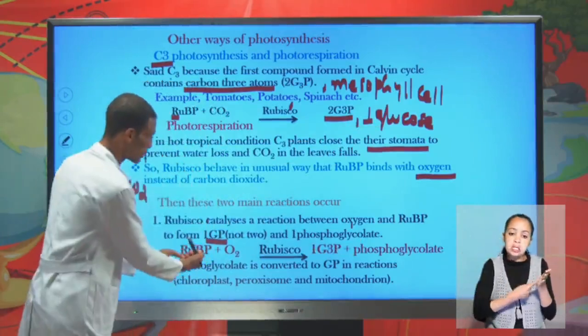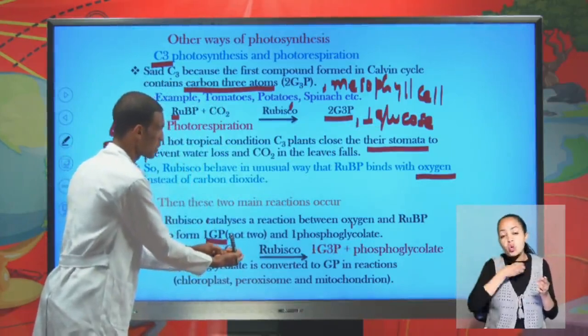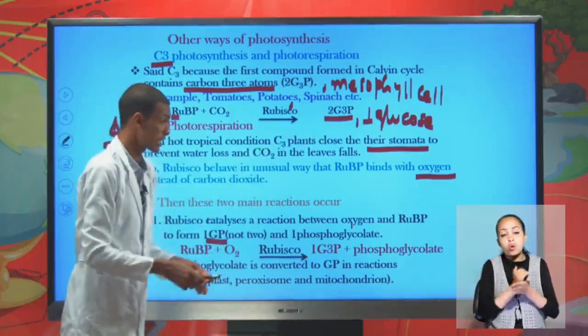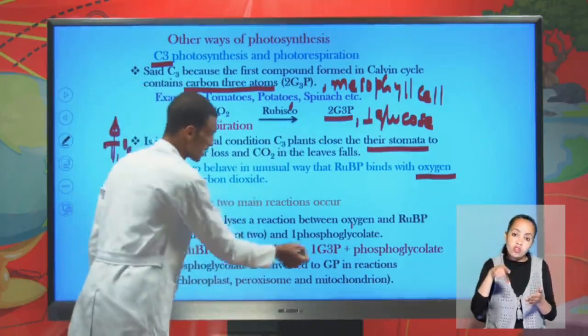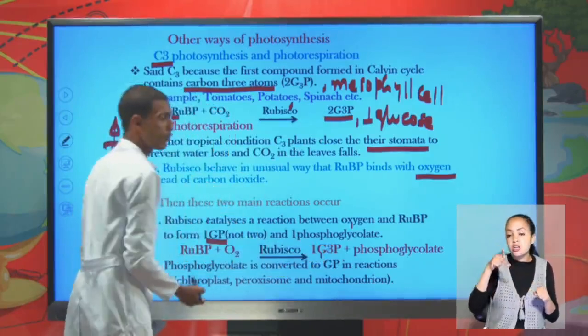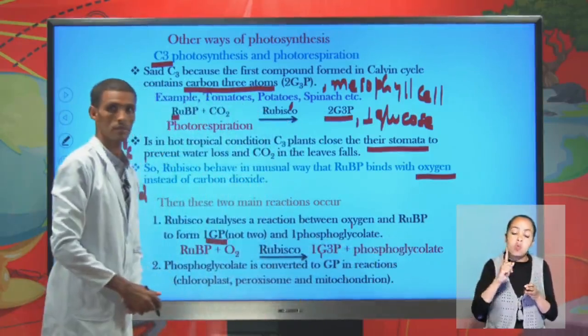Here, ribulose bisphosphate plus oxygen, because the amount of carbon dioxide in the leaf is not sufficient for production of this, forms 1 glycerate-3-phosphate, which is not enough for synthesis of glucose, and again 1 phosphoglycolate.